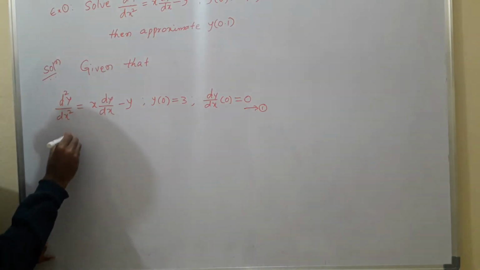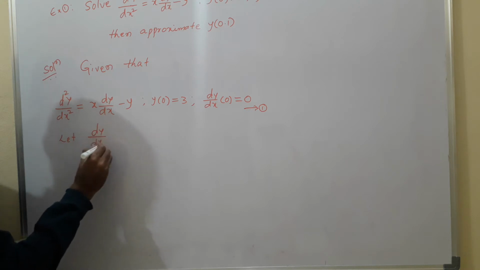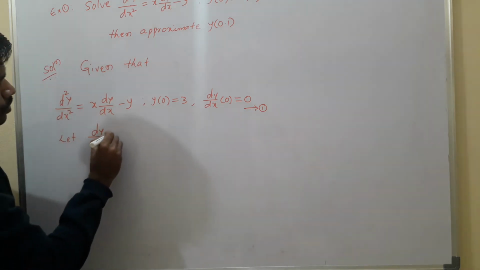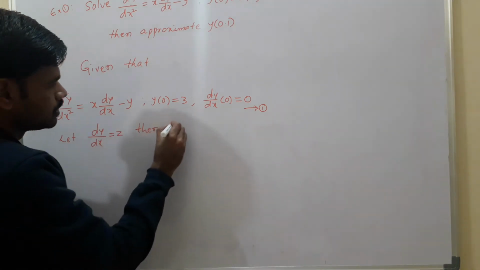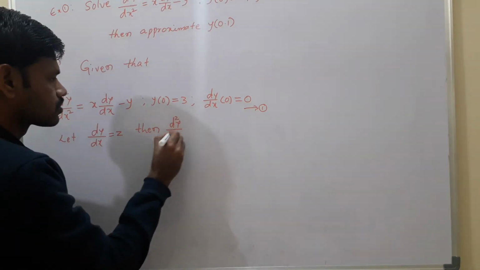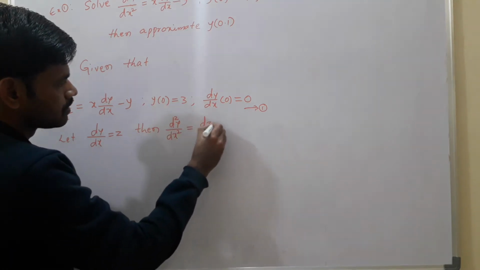Let dy by dx equal to z, then d2y by dx square is equal to dz by dx.